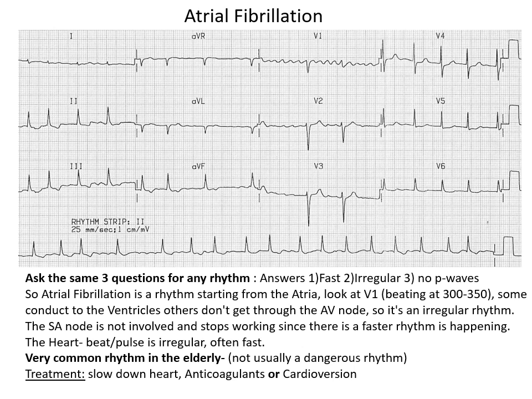So atrial fibrillation, which you'll hear a lot going forward because it's a common rhythm in older people, can be fast, it can be a normal heart rate, it can be slow. It's always irregular, and there are never any P waves. Okay, so that's a good one to remember, because there's never P waves and it's always irregular.